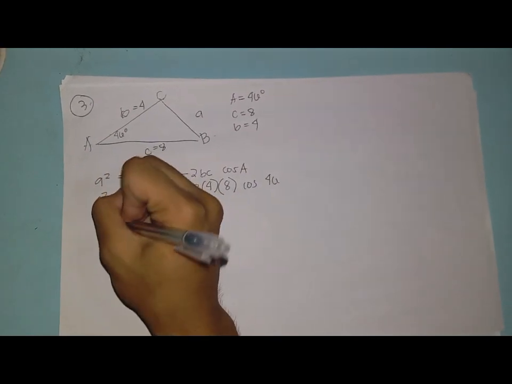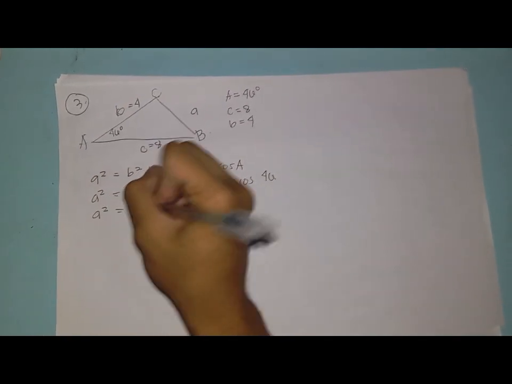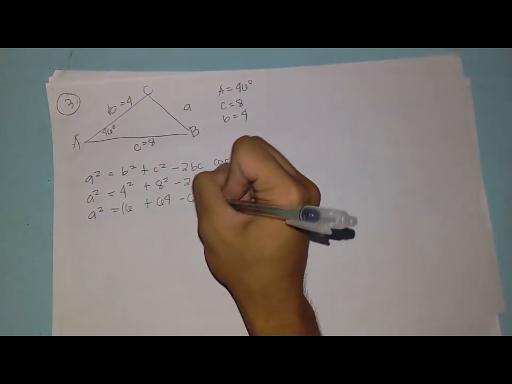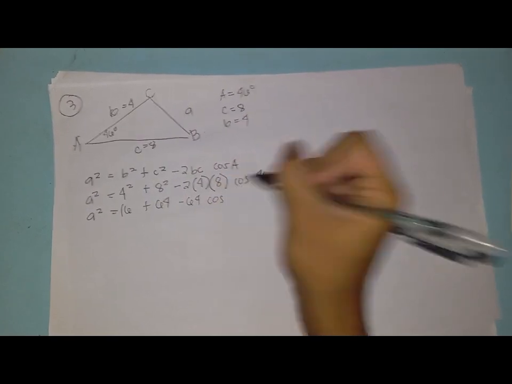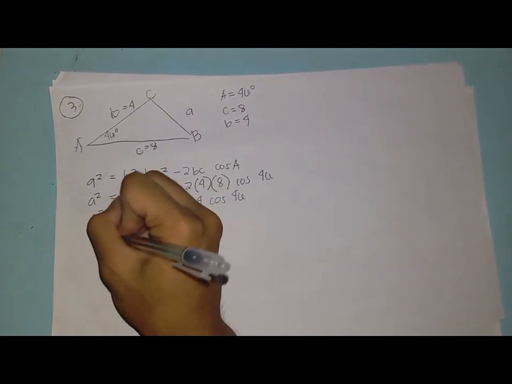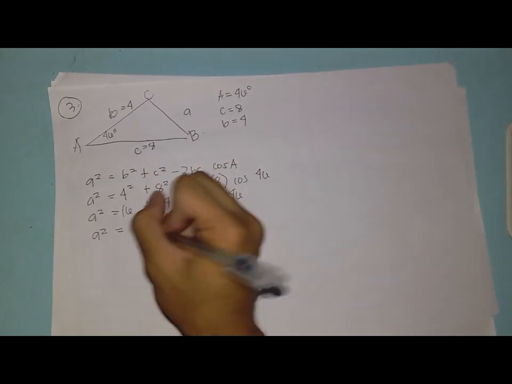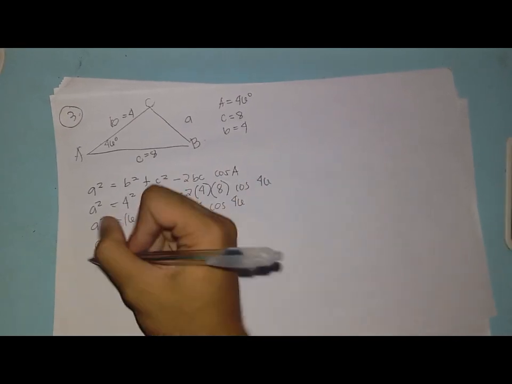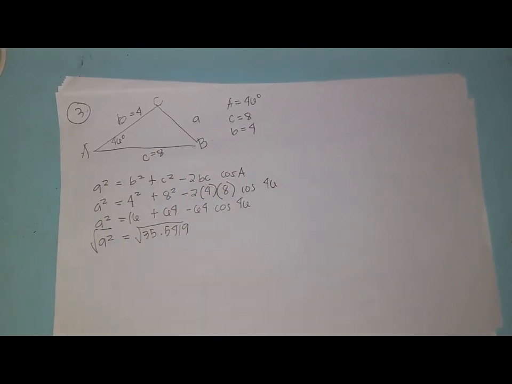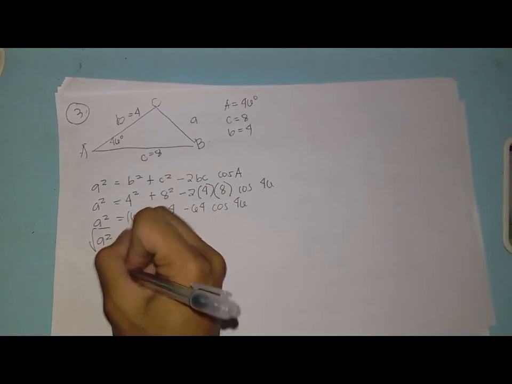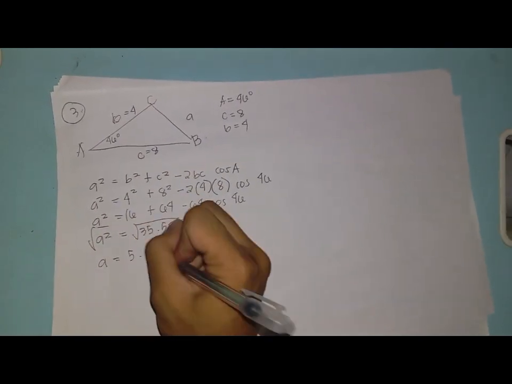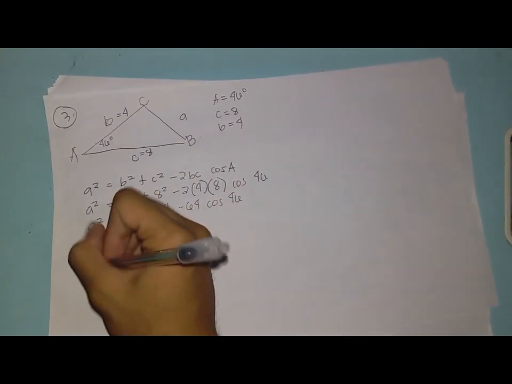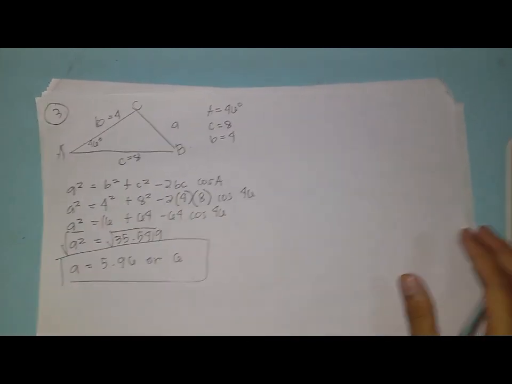So simplify. A squared is equal to 16 plus 64 minus 64 cosine 46. So A squared is equal to 35.5419. So square root both sides. So we have here A is equal to 5.96 or 6. So that is our side A.